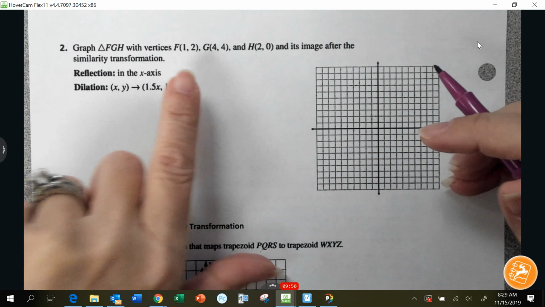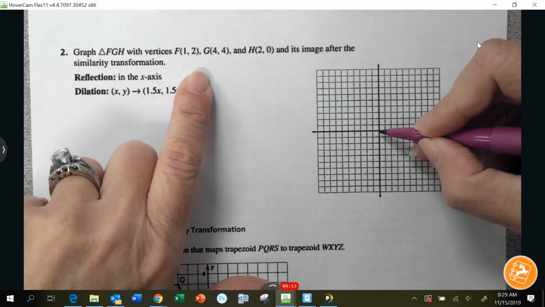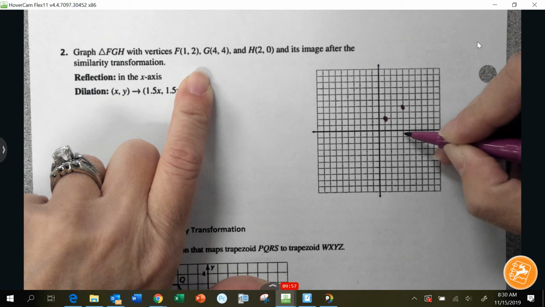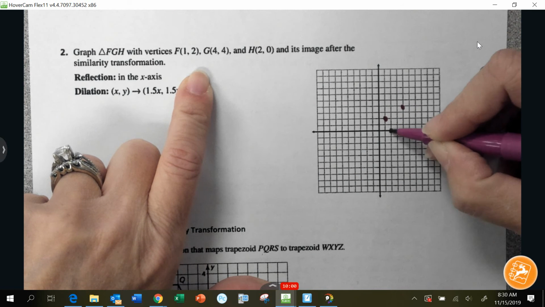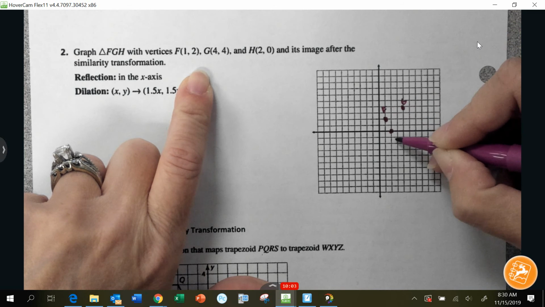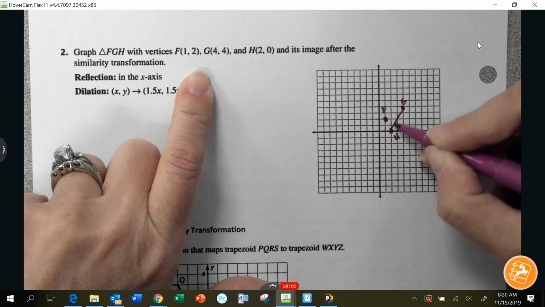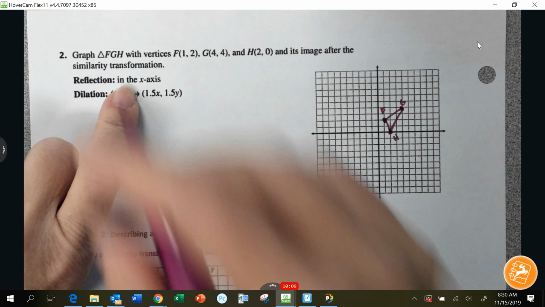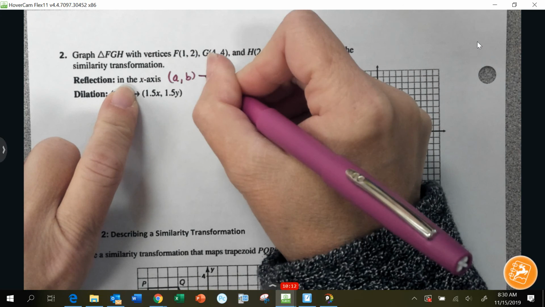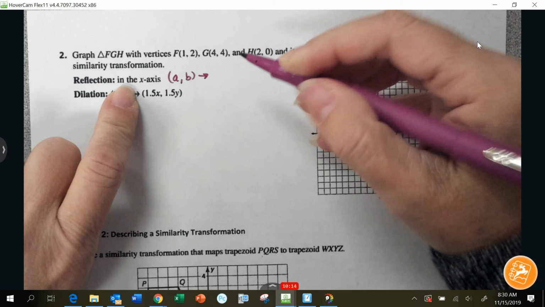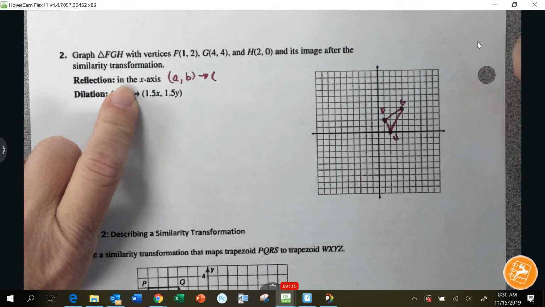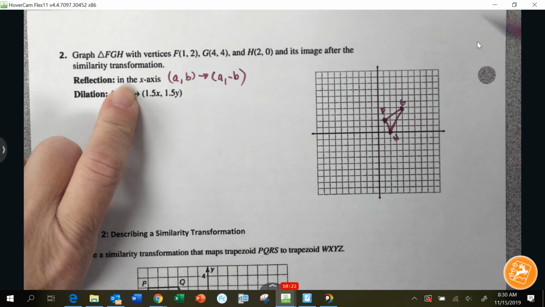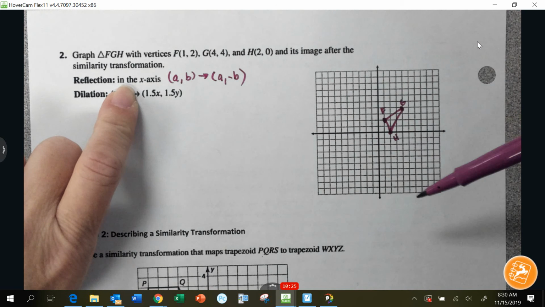So we have triangle FGH. So we've got 1, 2, 4, 4, 2, 0. A reflection in the x-axis is saying that we go from A, B, and since we're reflecting in the x-axis, the y values change, so I'm going to have A, negative B. Or maybe you don't need that rule and you could just look at the graph and figure it out.